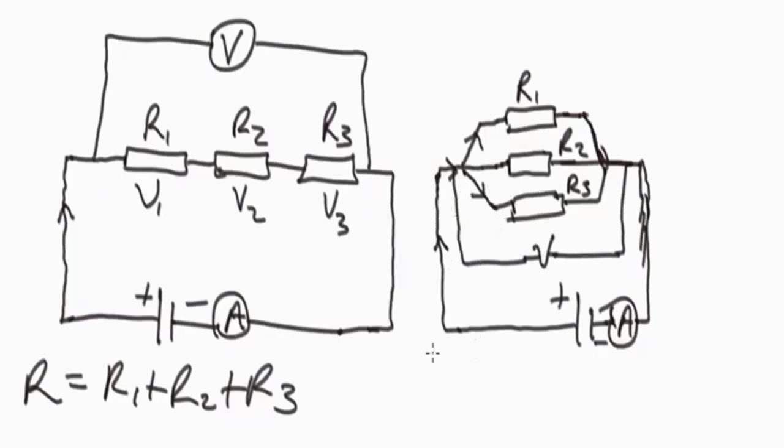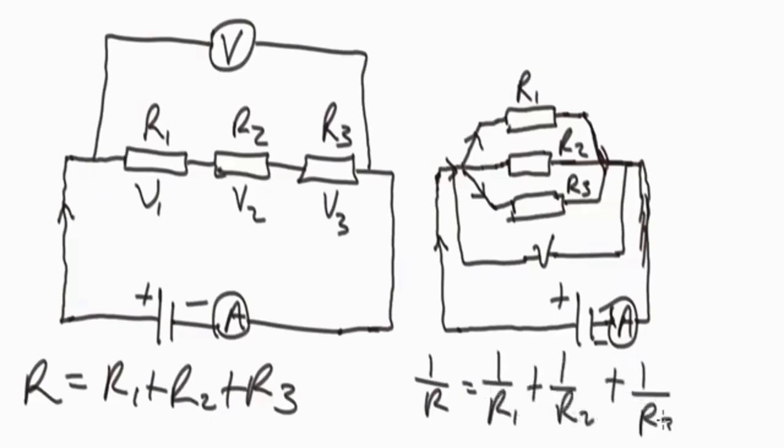So the equivalent resistance, or the total resistance, in parallel is calculated using 1 over R equals the sum of the individual reciprocal resistances: 1 over R1 plus 1 over R2 plus 1 over R3.